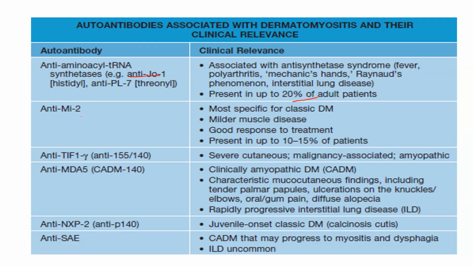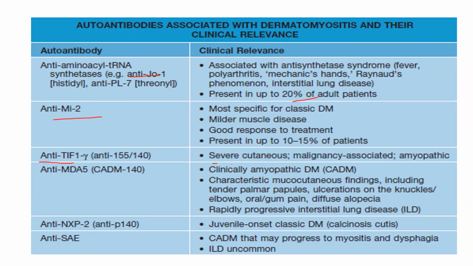We also have the anti-Mi-2 antibodies, which we usually see more commonly in classic dermatomyositis. When you see them positive, usually it is a good prognostic factor because patients will respond to your treatment. That is the anti-Mi-2 antibodies. Other antibodies that can be detected are anti-TIF1 or the anti-155/140 antibodies.